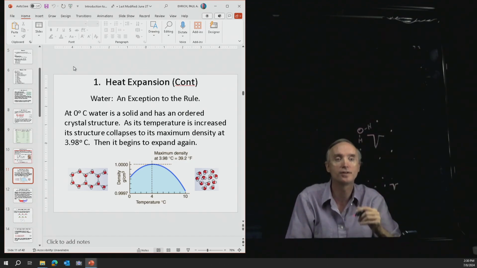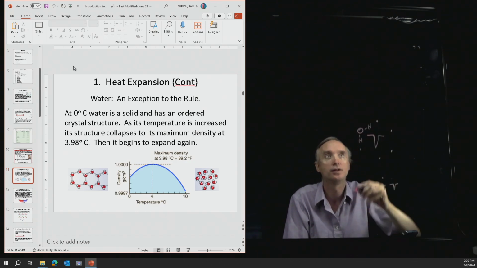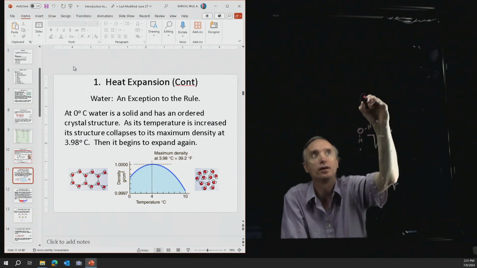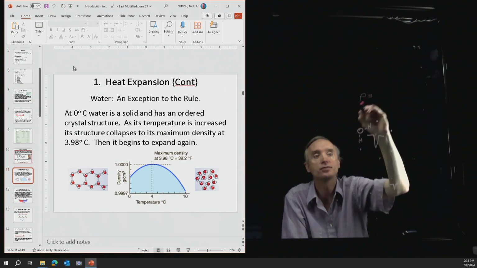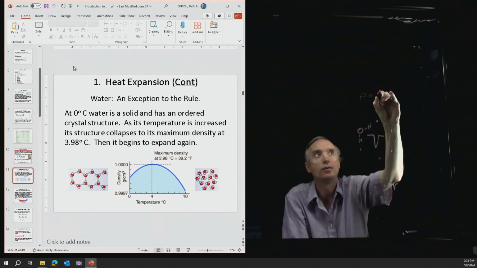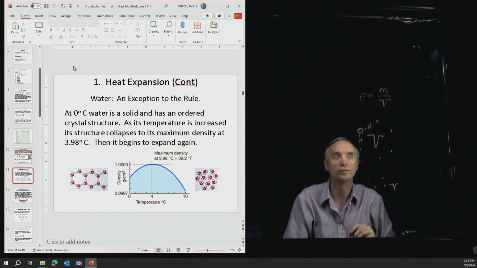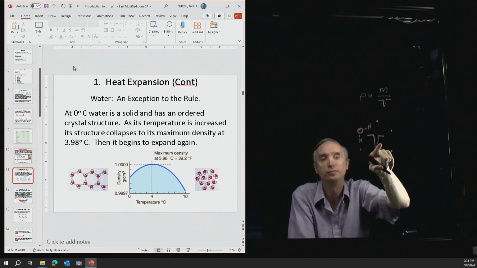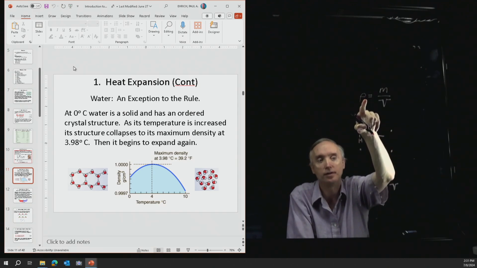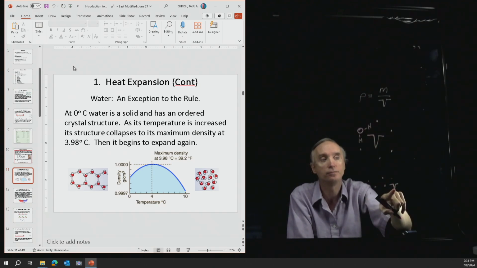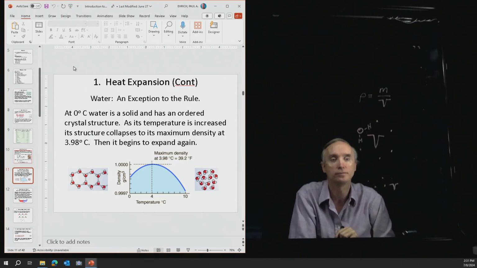Okay, then what's our definition of density? So density is given by the letter rho, and it's going to be equal to the mass of an object divided by its volume. So if you've got a large volume, you have a small density. If you have a small volume, you have a large density.